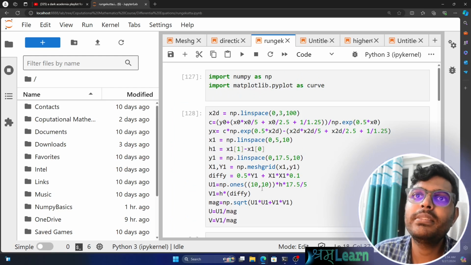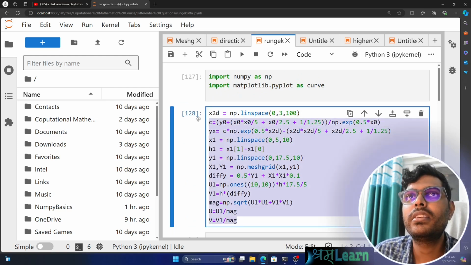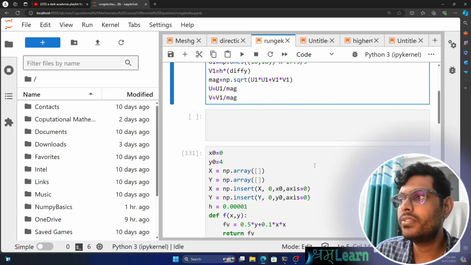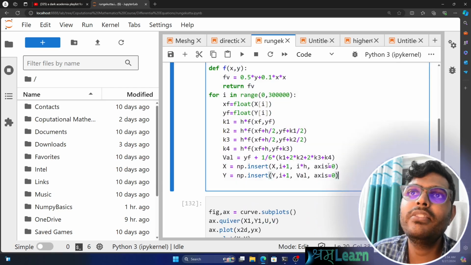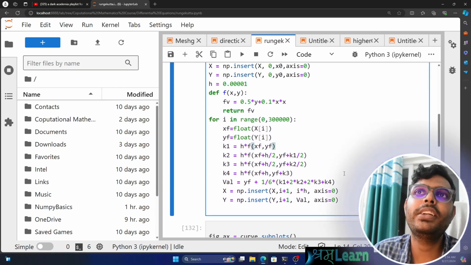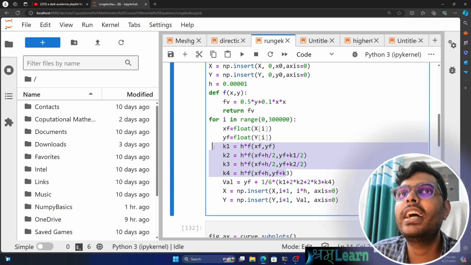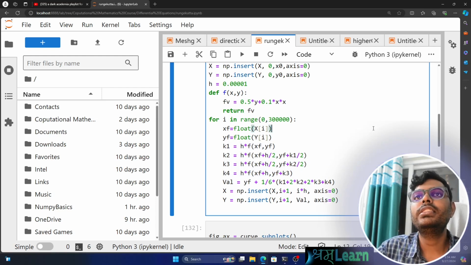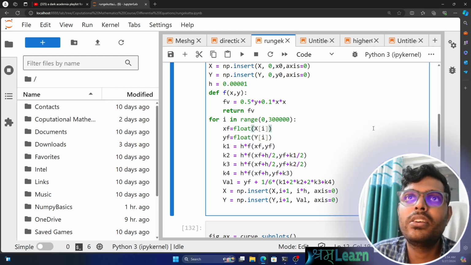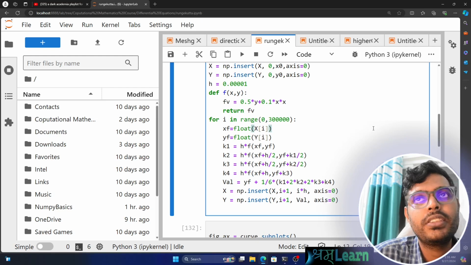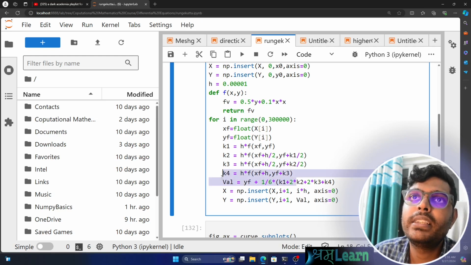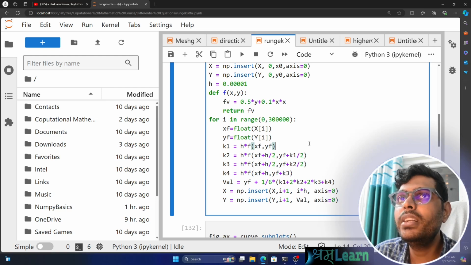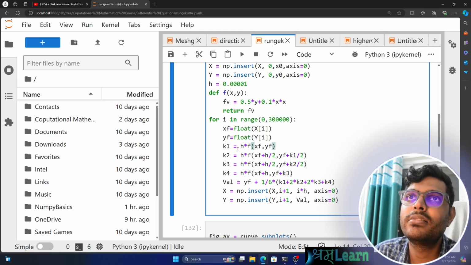This code is something that I have written. I hope that you have tried it yourself. I have written this code without telling you, and I hope that you will get it. I will provide you references to the topic of solving first order differential equations, and this is the method. What exactly are we doing? Nothing serious.